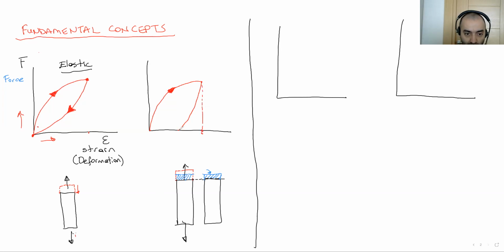But at this point, my force is 0. There is no force here. But that means there is a permanent deformation on the member. This part shows us the permanent deformation.